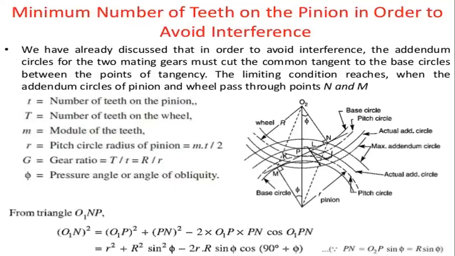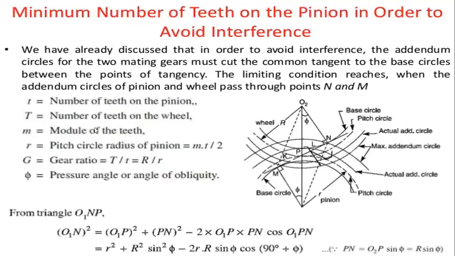Then it can be evaluated as r square plus capital R square sine square phi minus 2 into r, that is the radius of the wheel, into R sine phi cos of 90 degrees plus psi. So that is the obtained value for the equation.